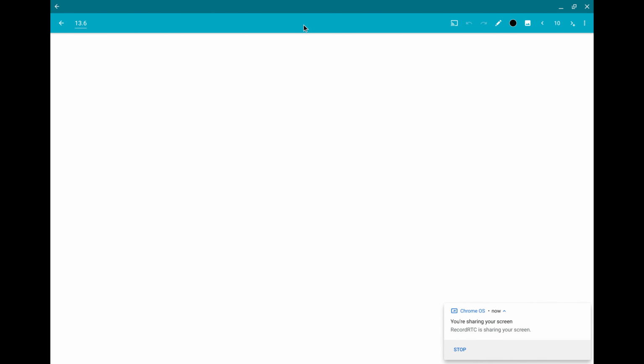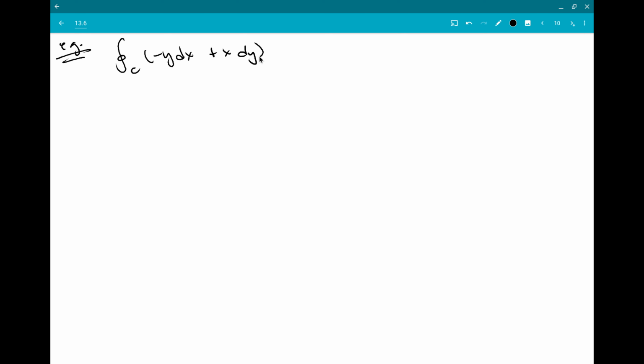All right. So next up, we're going to do an example that's going to look a lot simpler than the first one we did. And so we're going to try to evaluate this closed line integral of minus y dx plus x dy for this path.